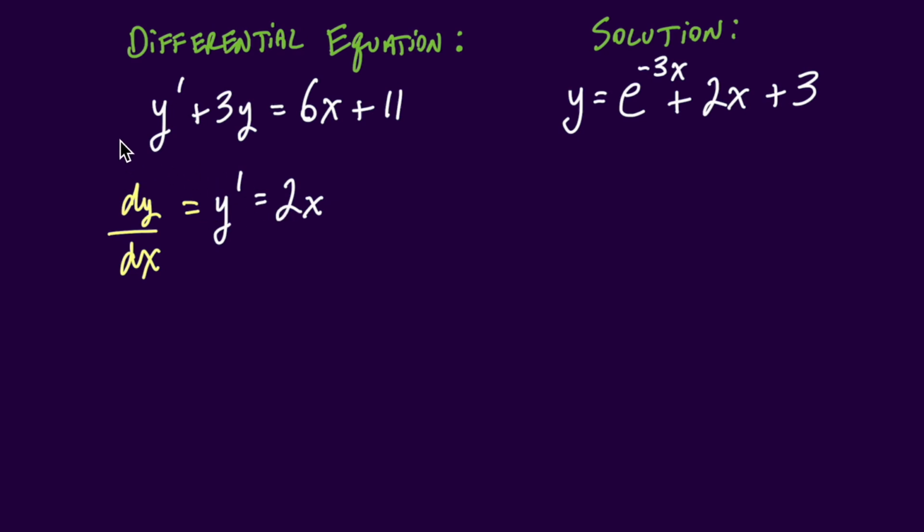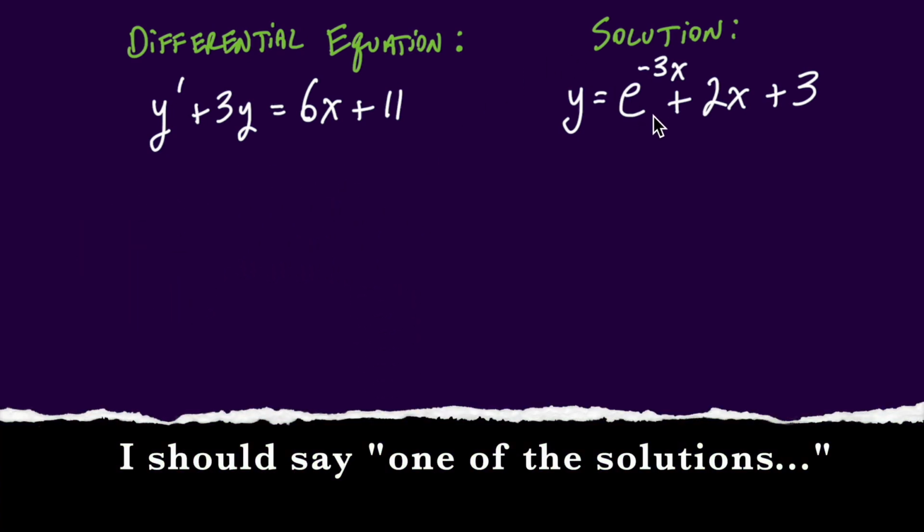But here we can't do anything like that. We can't say that dy dx equals that. That makes no sense. We have two equal signs. So if you see that you are not solved for y prime, you cannot add the dy dx equaling to this equation.